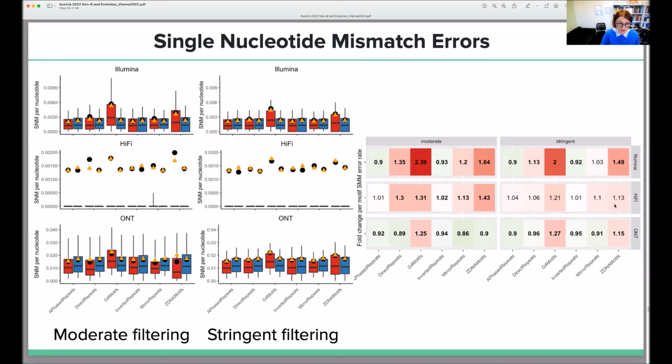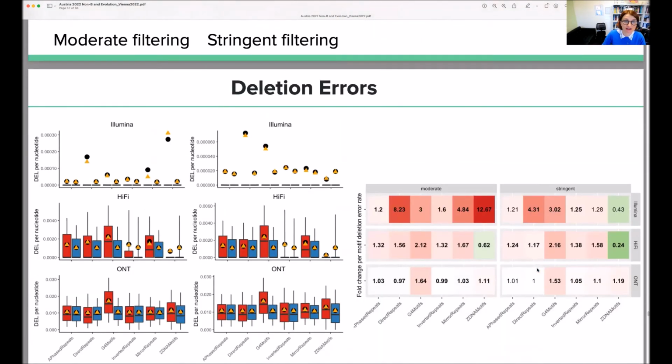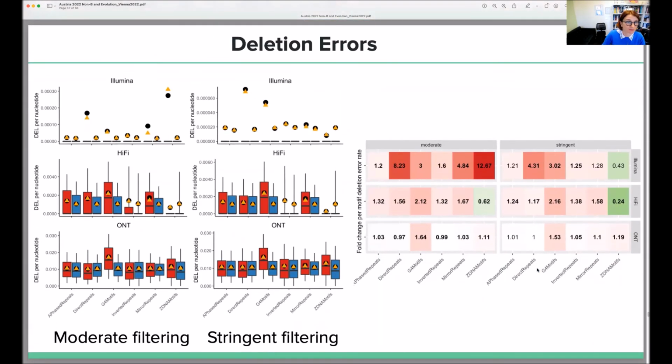Yeah. So the other error types that we were interested in investigating are deletion errors. And these also are affected by non-B DNA quite substantially.